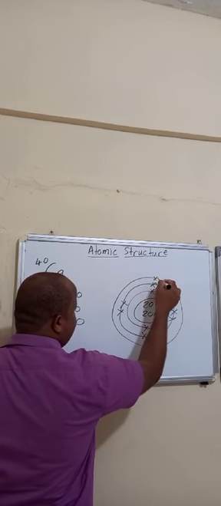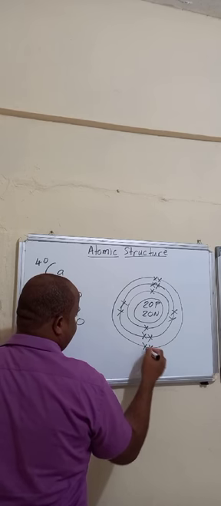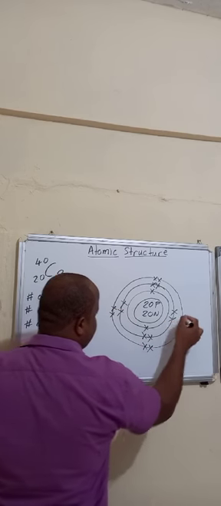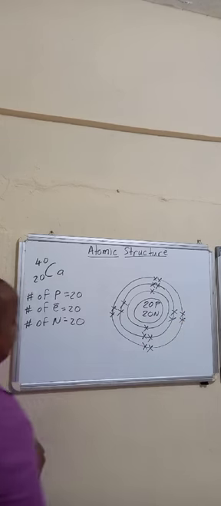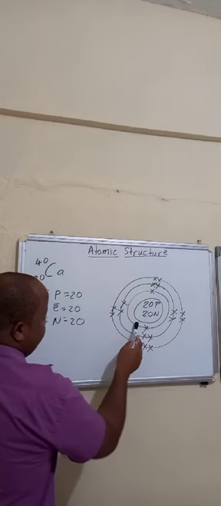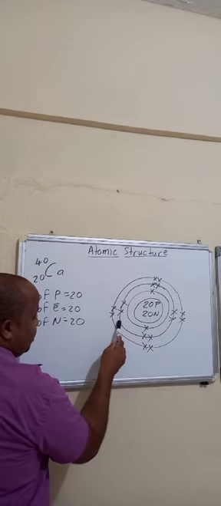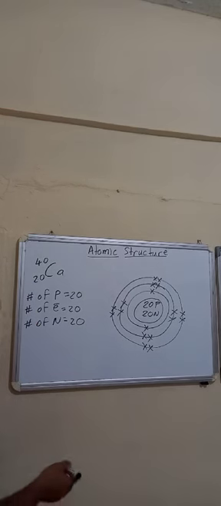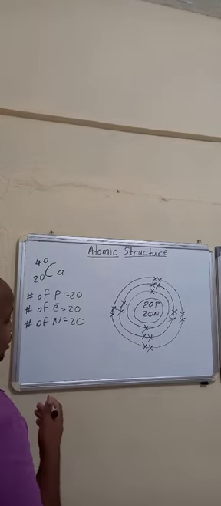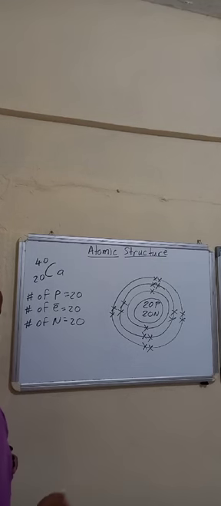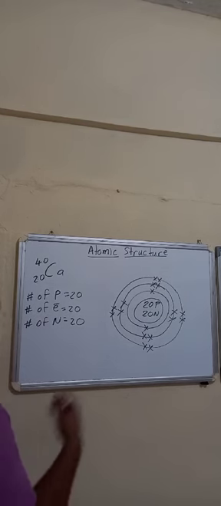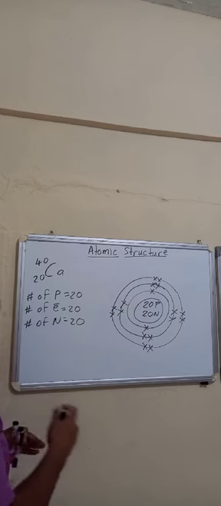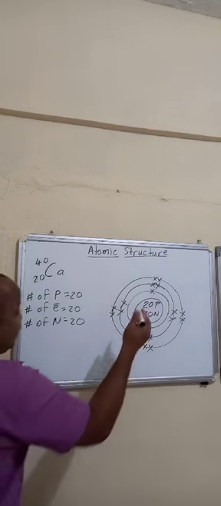And we are going to put on 8. So 2 on the first shell, 8 on the second, that's 10. 8 on the third, that is 18. Right? But it's 20. Remember we said that the third shell holds a maximum of 8.